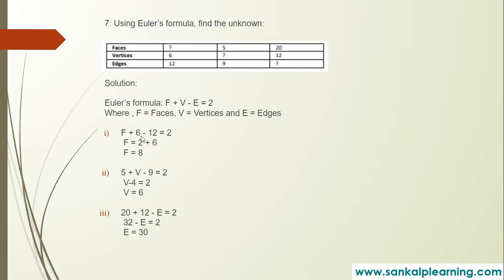So F is equal to 2 minus 6 plus 12. 6 minus 12 is minus 6. If you shift it to the right hand side, it will become plus 6. So it is 8. Next, you have to find the number of vertices. So use the formula and find it. 5 plus V minus 9 is equal to 2. So 5 minus 9, that is minus 4. Shift this minus 4 to the right hand side. So 4 plus 2 is 6.